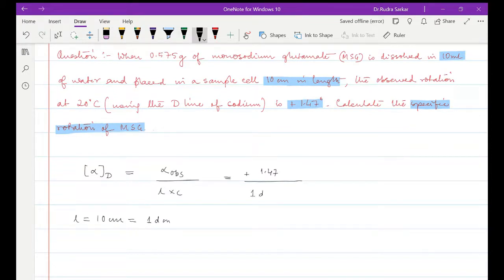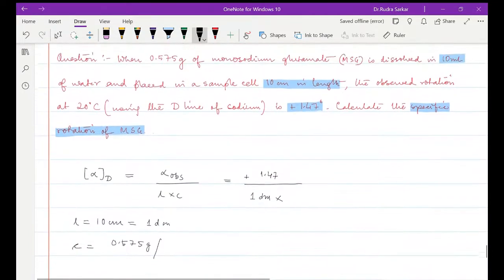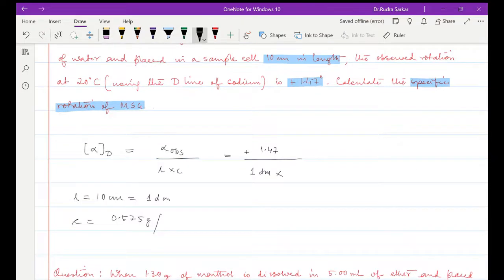and divided by what? Concentration is what? 0.575 gram. What is the volume? It is 10 ml. So that means it is 0.0575 gram per ml.